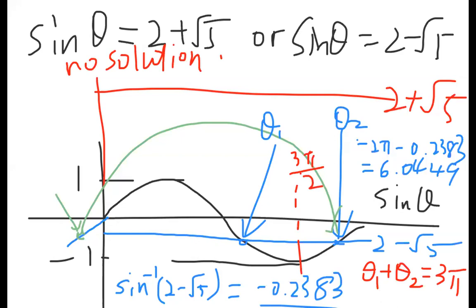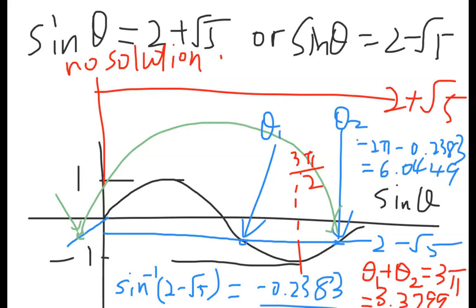So you subtract theta 2 that we just got, the 6.0449, from 3 pi. Then you get 3.3799. Okay.